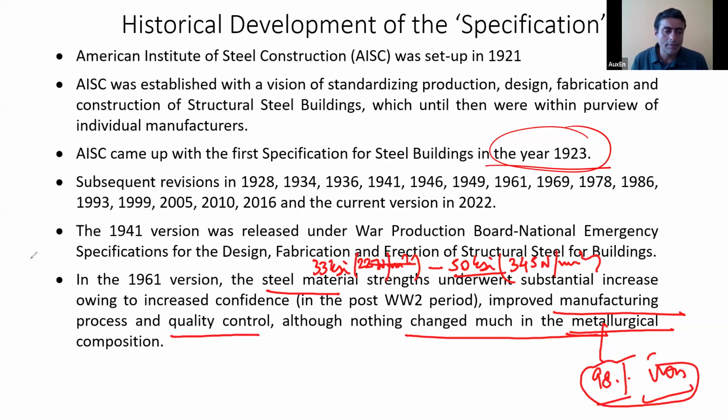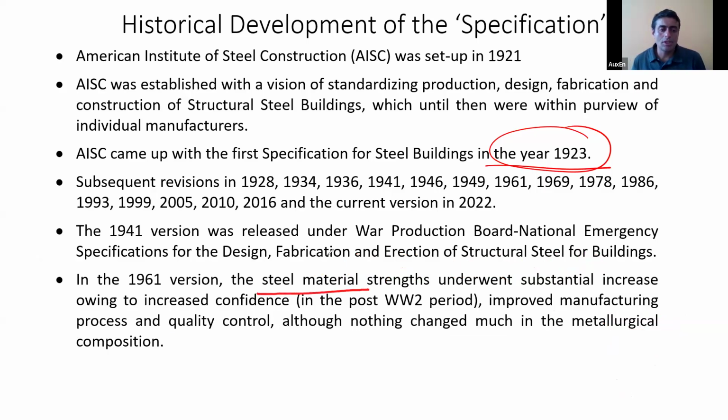So what happened was that when the 1961 version of steel specification was published, you had the experiences of wartime. For 6 years, you had extensively used steel structures under very harsh circumstances in war zones. You had used steel planes, meaning planes made out of structural steel, ships, battle tanks, houses, bridges, and infrastructure made out of structural steel.